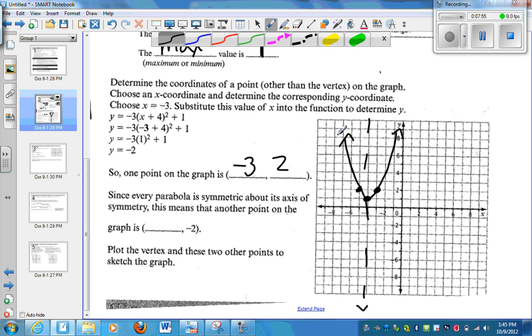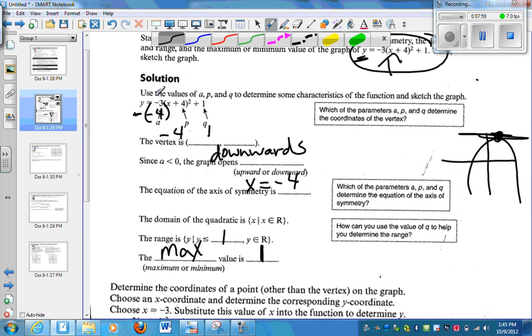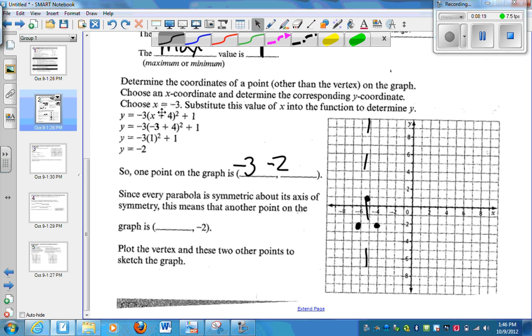Wait a second. Didn't we say it was downwards? We did say it was downwards. So x is equal to -4 and y is 1. Oh, because it was -3 and -2. So I put these points in the wrong spot. Sorry guys, I forgot that we subbed in -3 there.